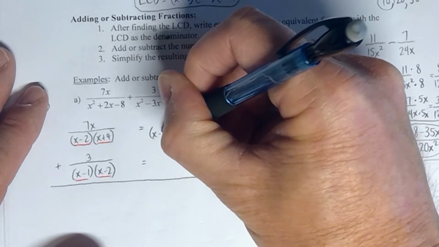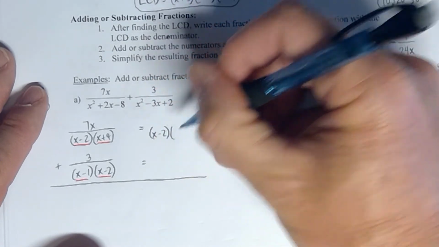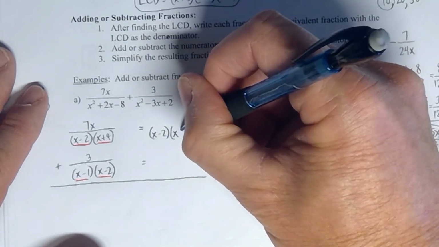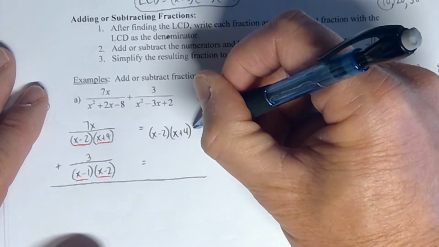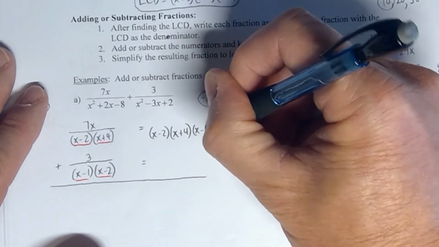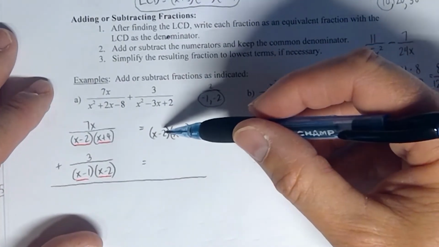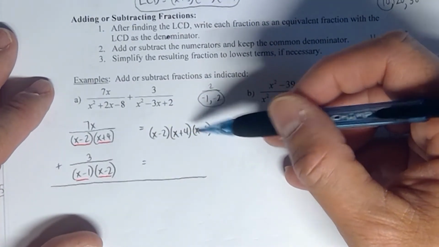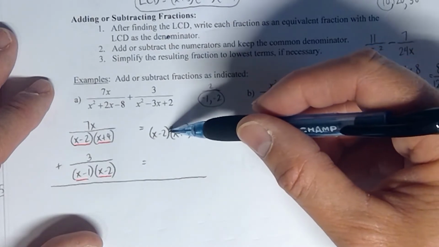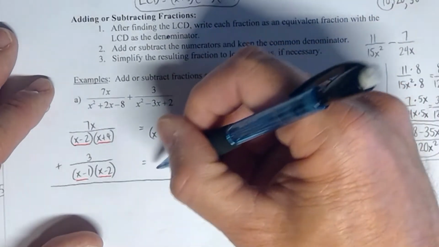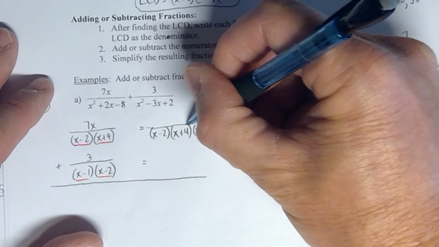This is not one of those problems where the same red one appears more than once in the same denominator, so you just put all the different ones in there. It doesn't matter what order you put them in because they're all going to be multiplied together. When you list out your red ones in your LCD, they're being multiplied, so you don't put anything in between the brackets. And that right there, you guys, is the LCD.